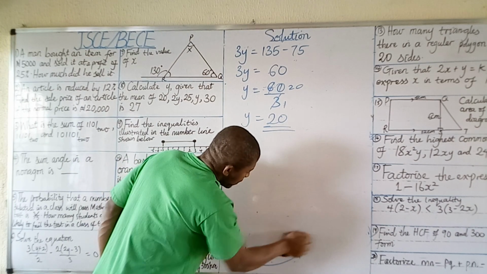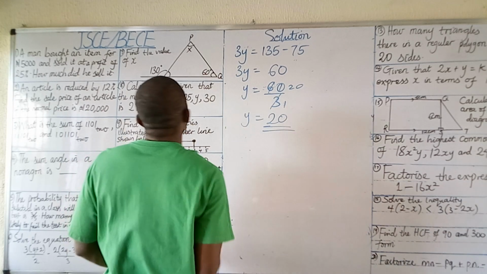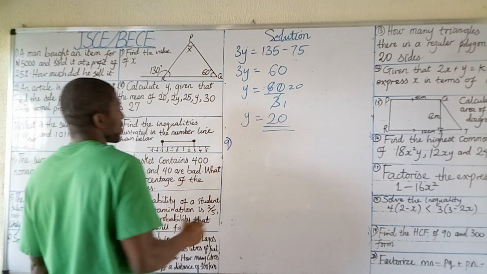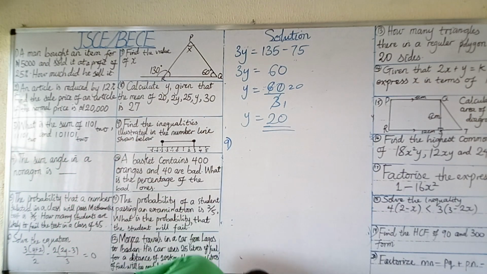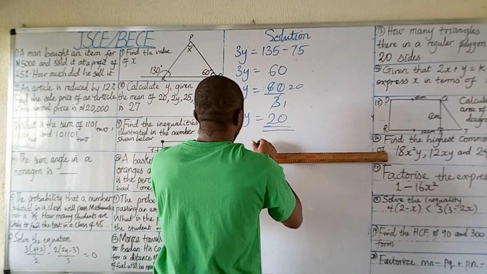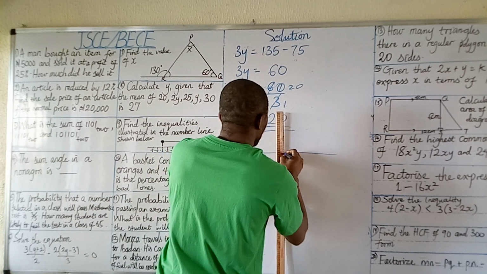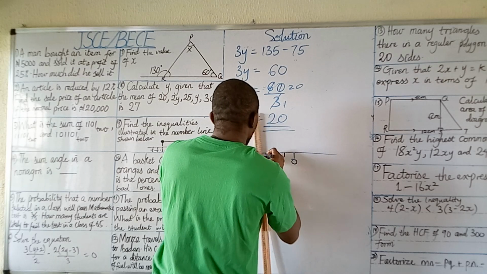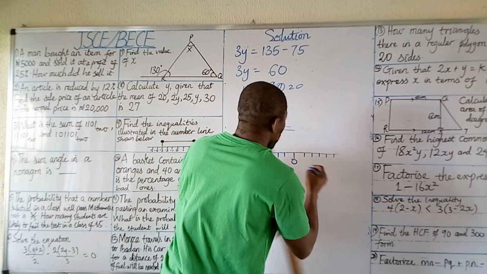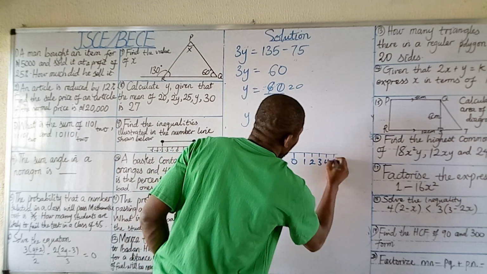Next is question number 9. In question number 9, it says we should illustrate this number line. When we draw the number line, we have 0, we have 1, 2, 3, 4, and 5.